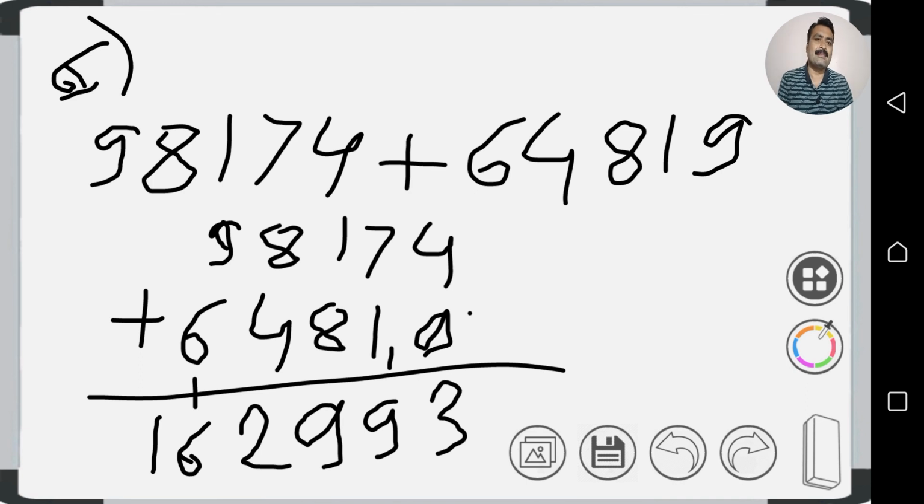So we write 16 as it is in the answer. Now when you observe the final answer, that means the sum of these two numbers, we get 1,62,993.